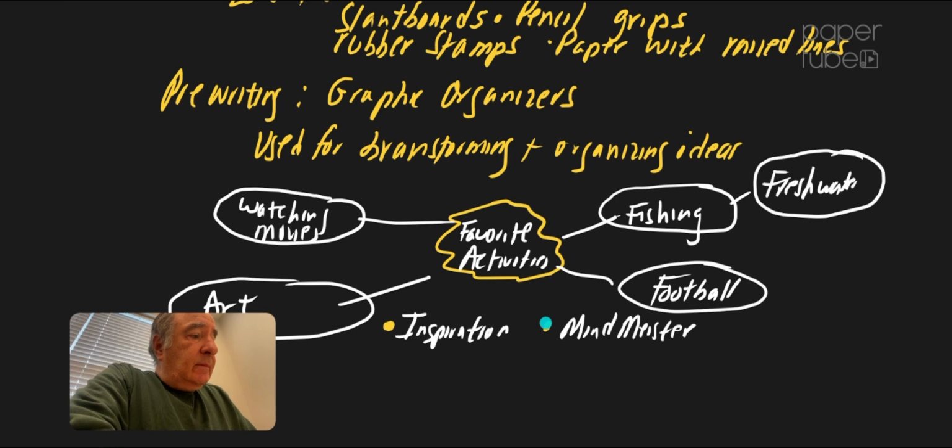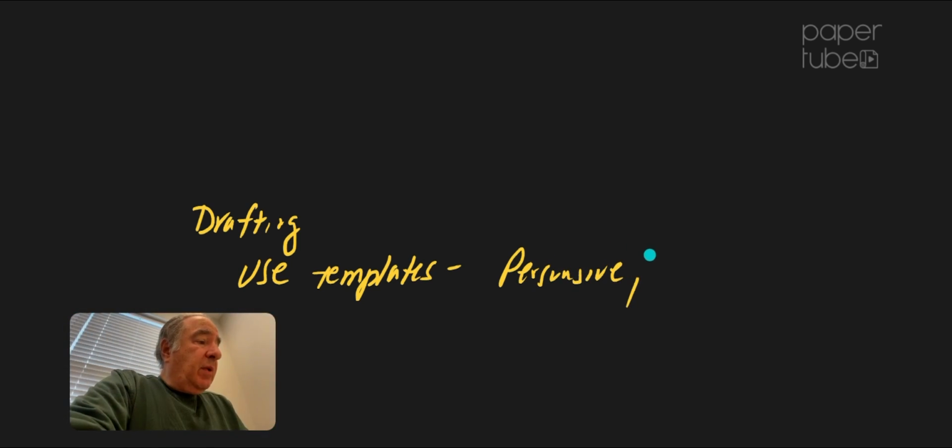During the drafting phase, students can also, with a lot of these electronic mind maps, use a number of templates that may be available, and these could be available if the student's writing a persuasive essay, or compare and contrast.